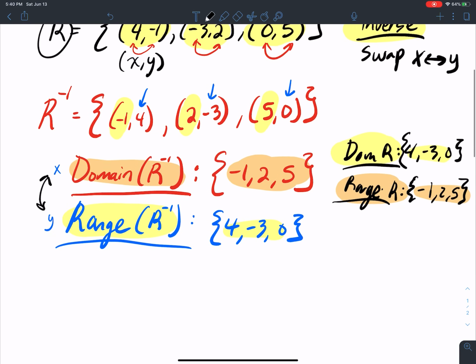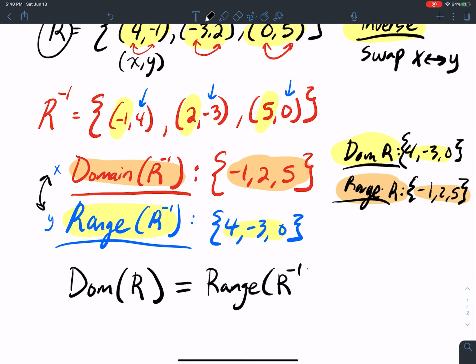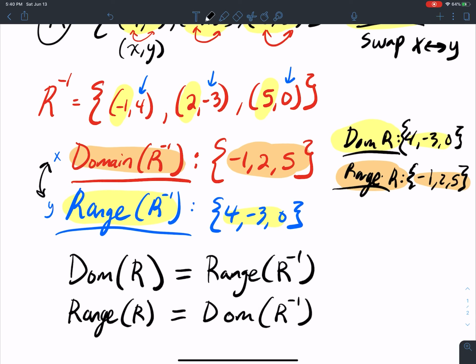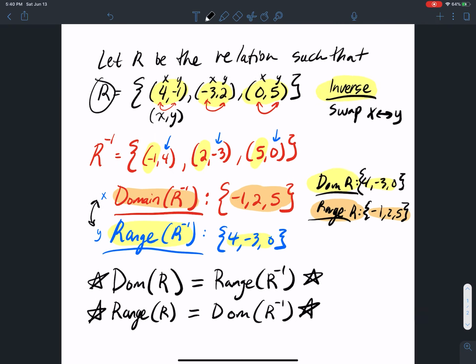Okay, so the domain of the original relation is equal to the range of the inverse, and the range of the original relation is equal to the domain of the inverse. Okay, so important connections between the inverse function, right?